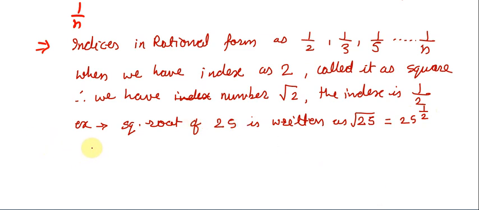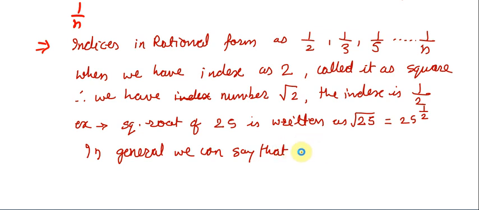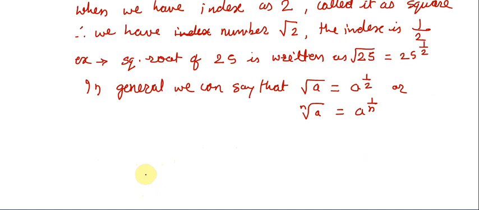So in general we can say that the square root of a is expressed as a raised to power 1 by 2, or the nth root of a is expressed as a raised to power 1 by n. So in this way we can express the radical form of numbers in index form.